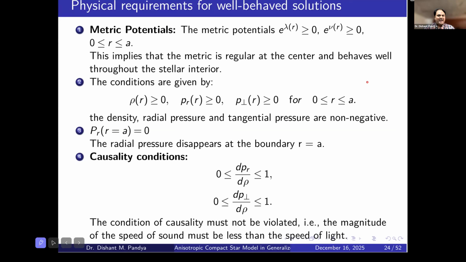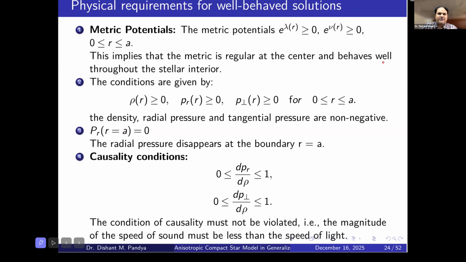Coming to the next part, once we have constructed a mathematical model, we have checked what the suitable condition is for testing either the Schwarzschild exterior metric or the Reissner-Nordström metric. Then we come to this part where we have some primary criteria to check whether we are going in the right direction or not. That depends upon these conditions.